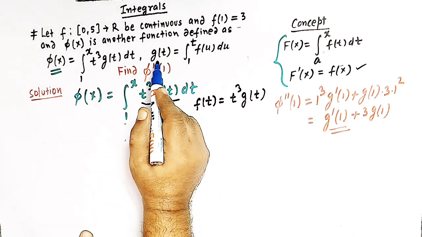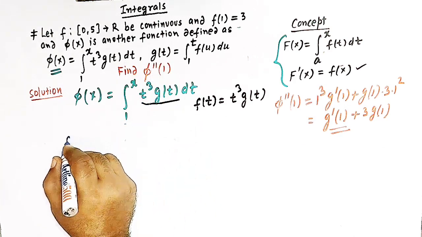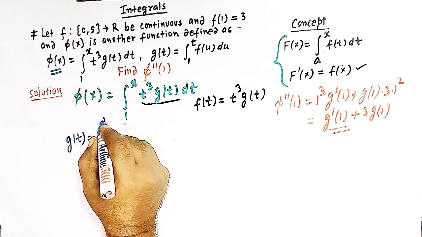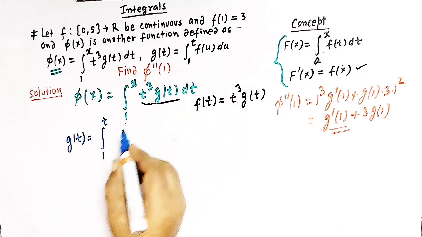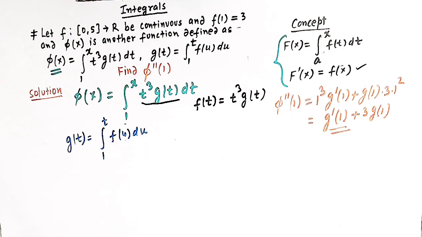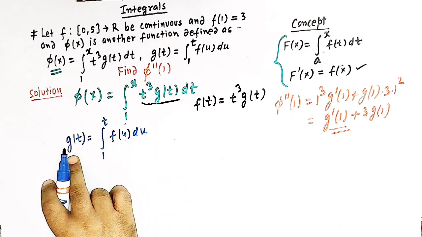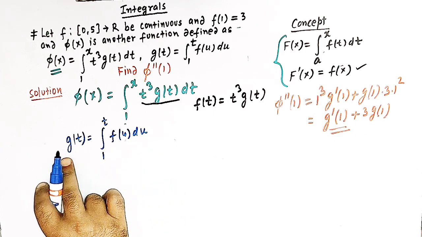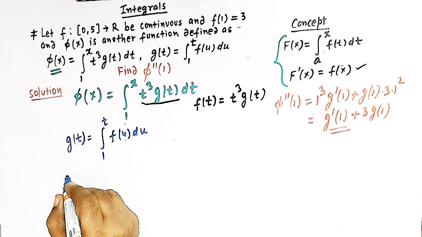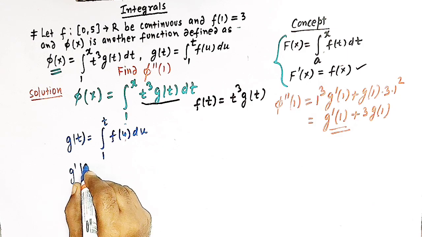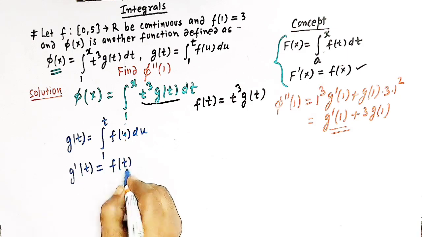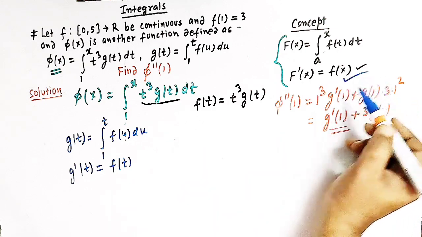So now consider this function g of t. We have g of t is equal to the integral from 1 to t of f of u du. Again, if we differentiate both sides with respect to t, then we get g prime of t is equal to f of t, using this result.